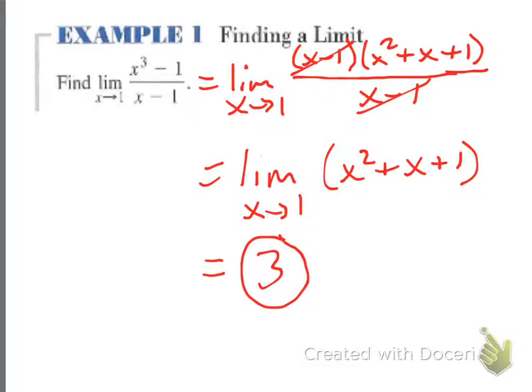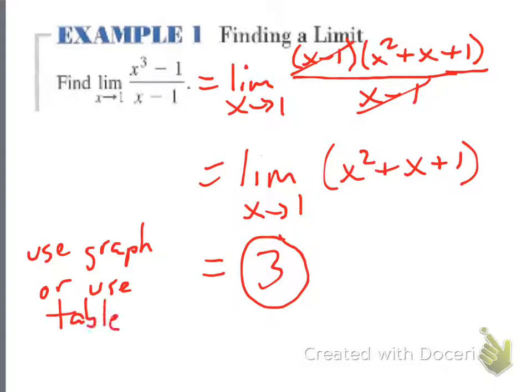Okay, now another thing you could have done, you could use the graph to figure out what the limit is, or you could use a table in your calculator. Or you can just do it the algebraic way. This would be the algebraic way.